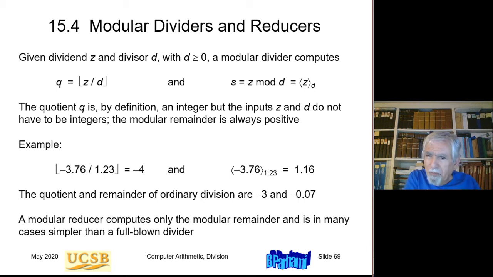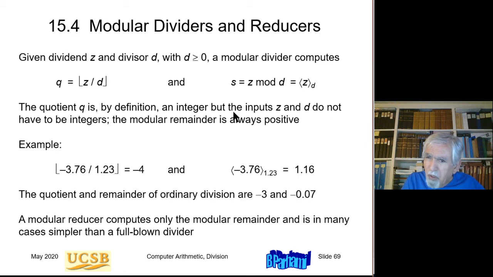So one way to implement modular dividers is to do a regular division and just check. If the remainder is positive, then you are done. If the remainder is negative, then you have to adjust this remainder and also adjust the quotient to get the correct result for modular division.